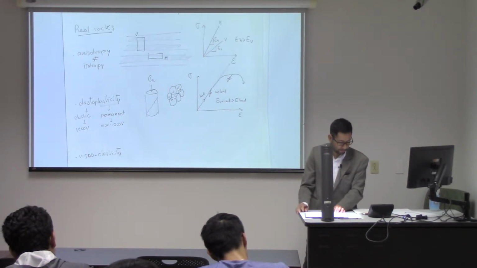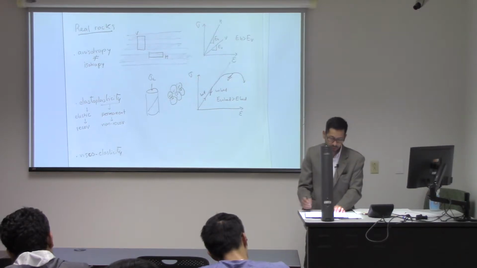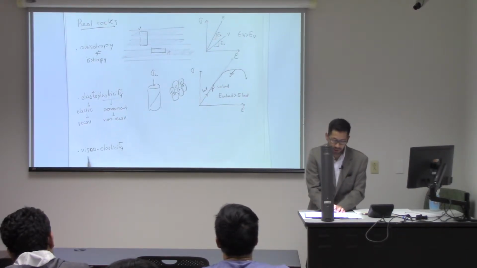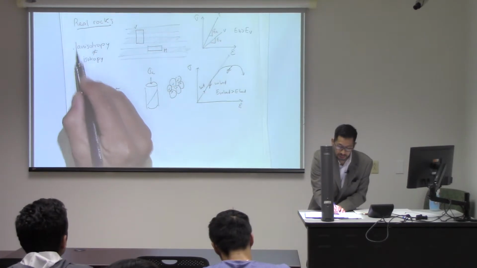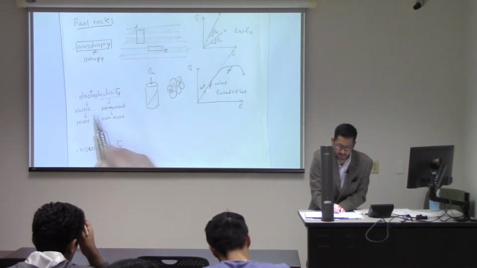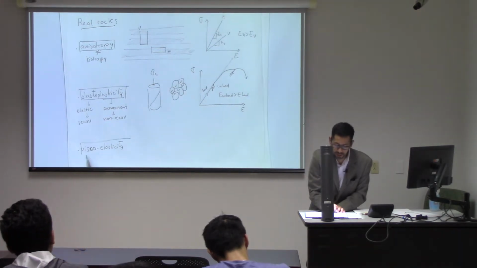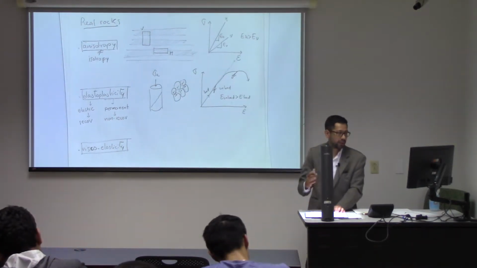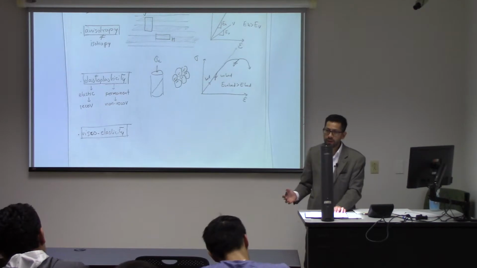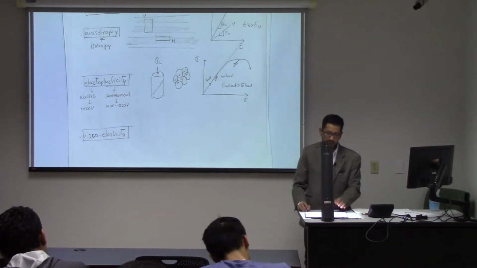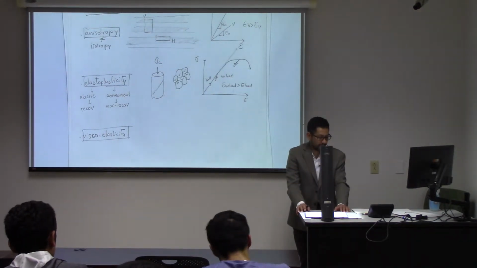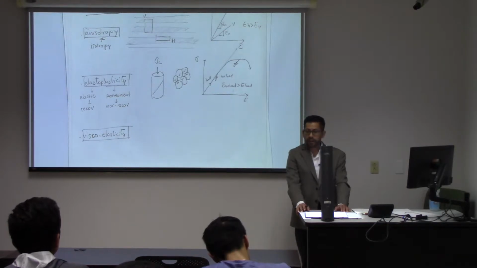And the last thing I'd like to talk with you about is a phenomenon of visco-elasticity. Real rocks have these three properties and sometimes some other things. They are anisotropic, they develop plastic strains, and they also develop viscoelastic strains.